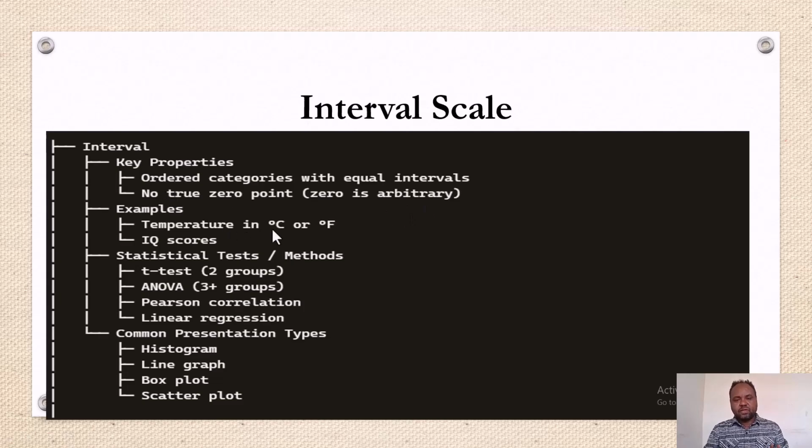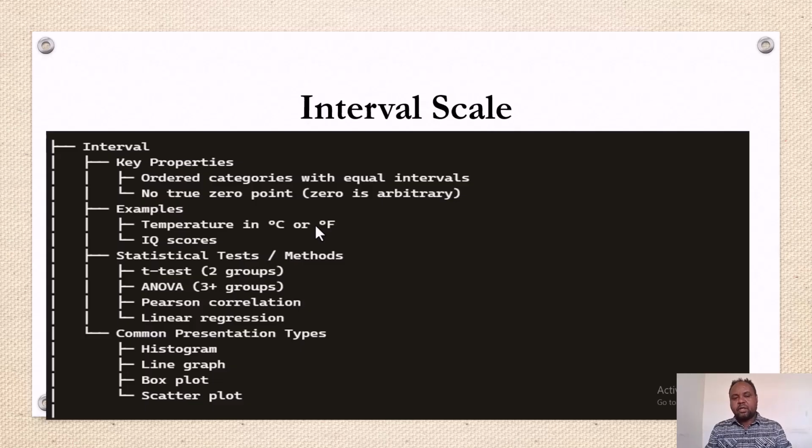Examples of such interval scales include temperature in degrees centigrade, IQ scores, shoe size, calendar, and etc. Here the 0 does not imply the complete absence of the quantity. For example, 0 degrees centigrade doesn't mean that there is no hotness, right?